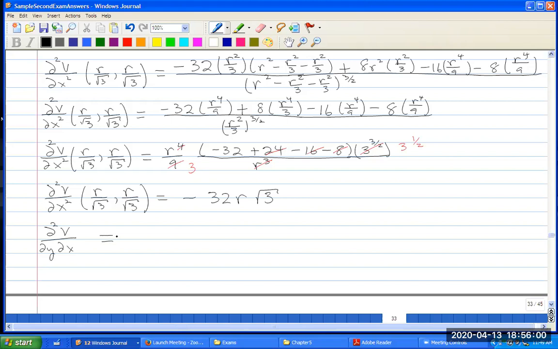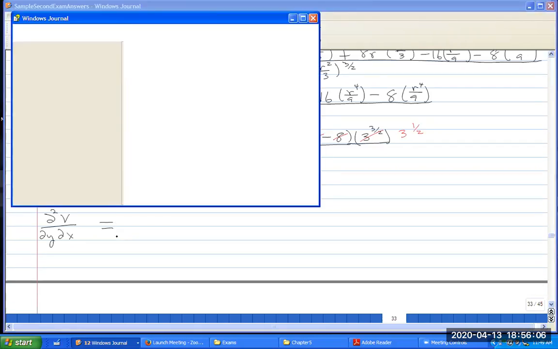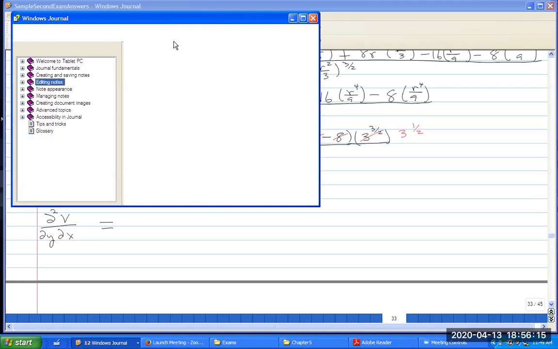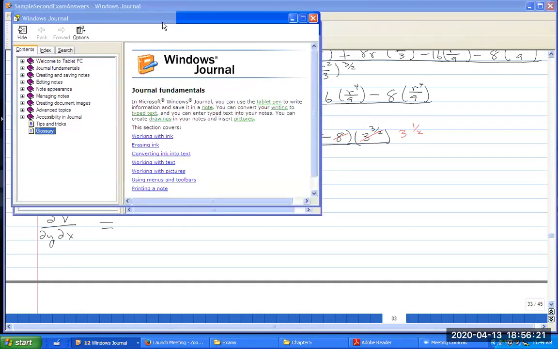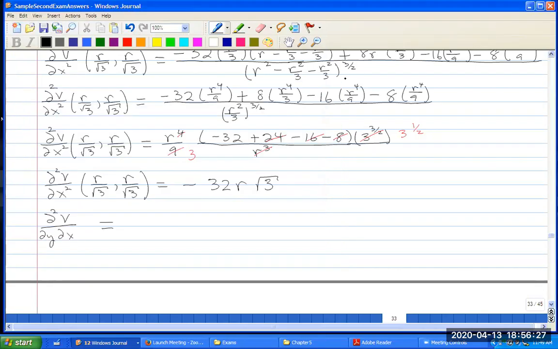So I need some more room here. Let's see if I can get back control.